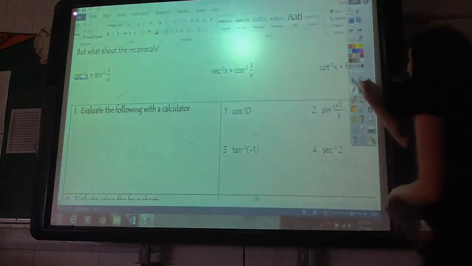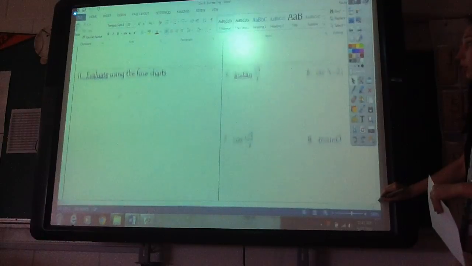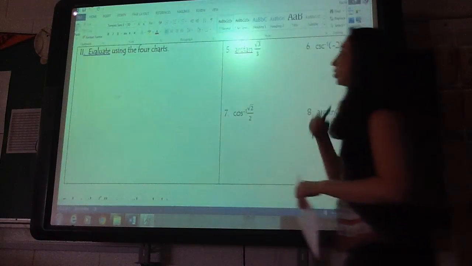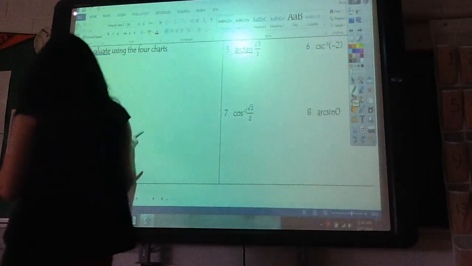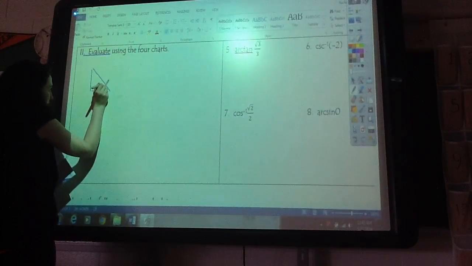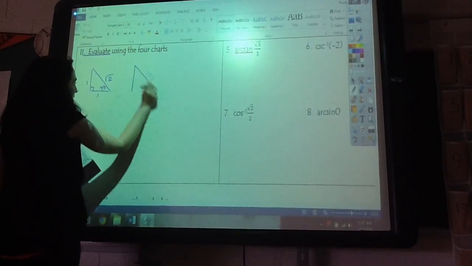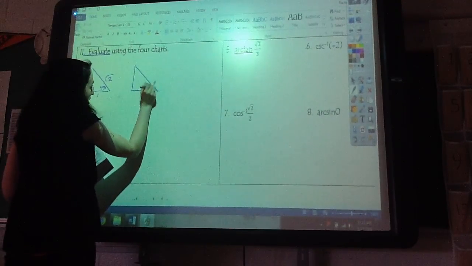So, what if I don't want you to use the calculator? If I want you to evaluate these using the 4 trig charts, then real quick I would say sketch your trig charts. You need your 45 degree chart, with sides 1, 1, square root of 2. You need your 30 degree, 60 degree.